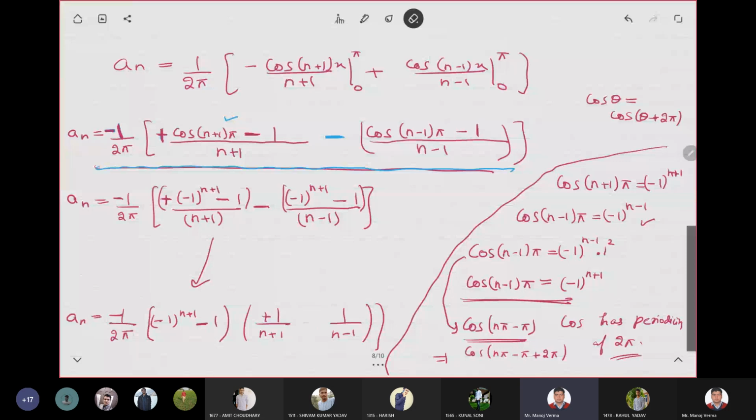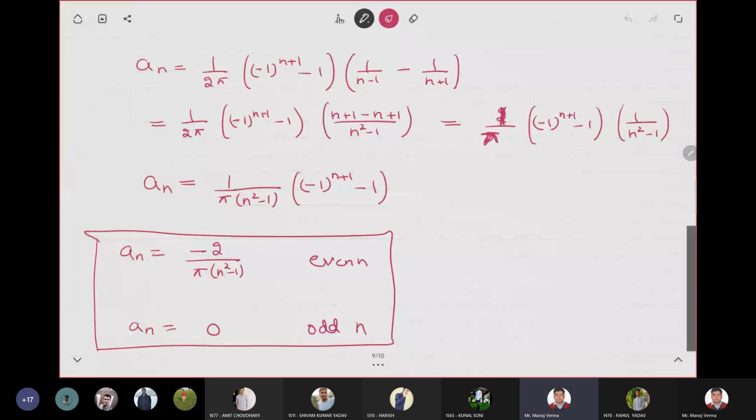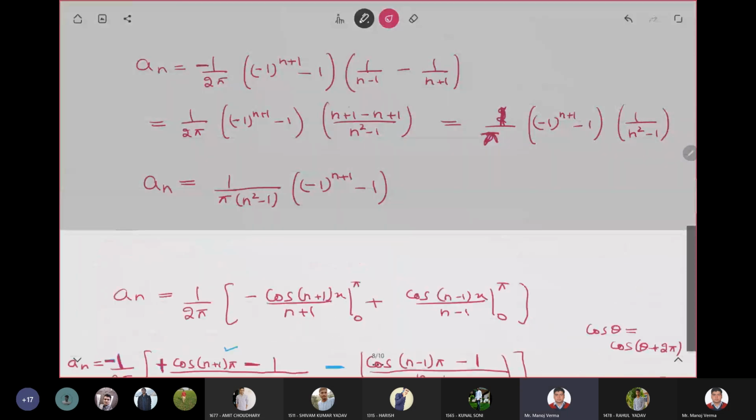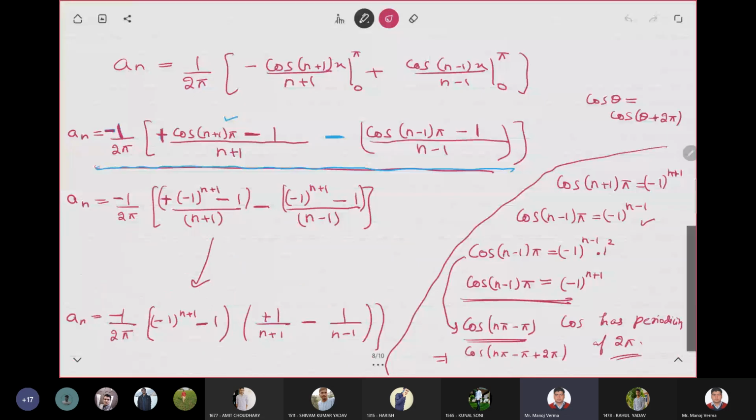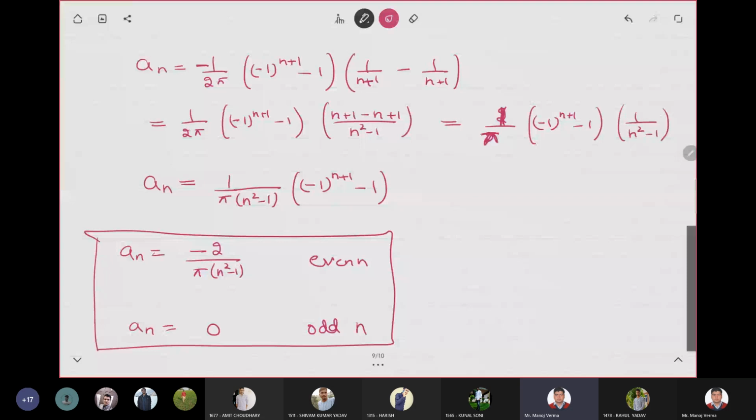So if I solve this, next it will be a negative outside, and 1 over n plus 1 minus 1 over n minus 1. Okay, it will be 1 over n plus 1 minus 1 over n minus 1.